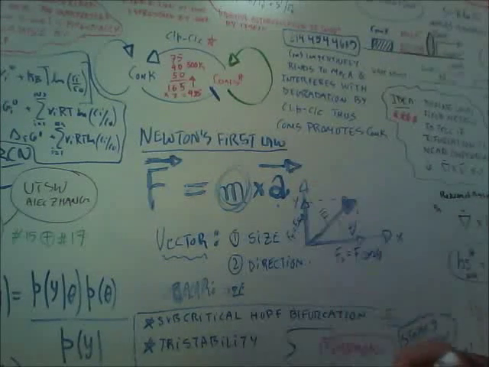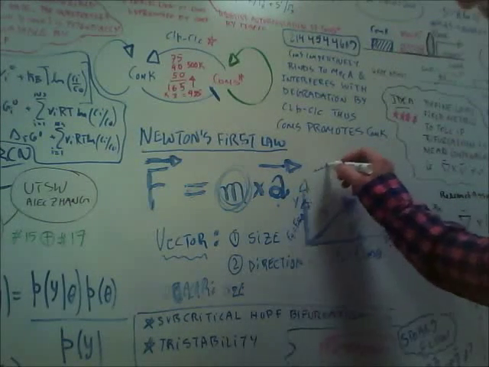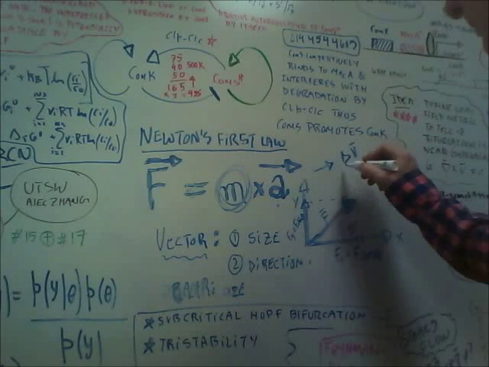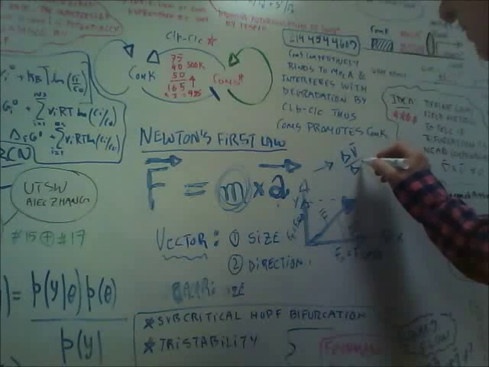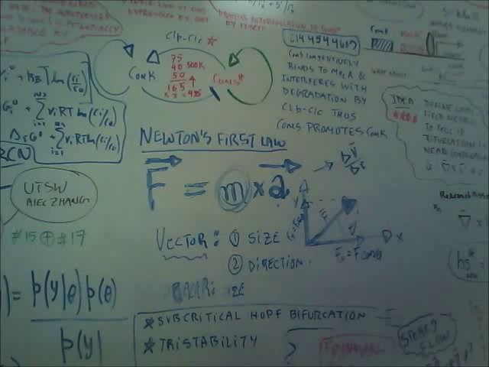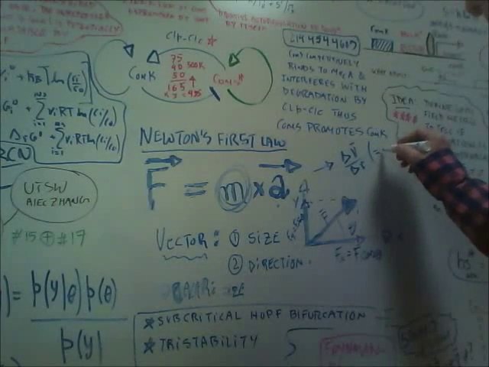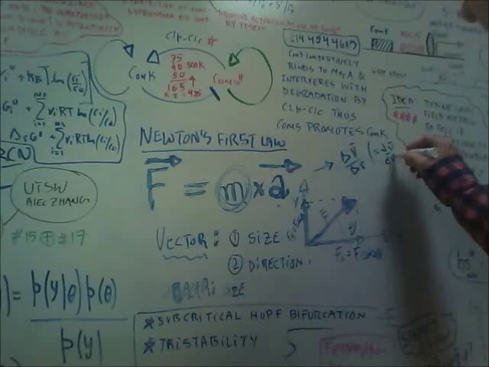And the acceleration is a vector. Remember, the acceleration is the change of speed, which is also a vector, divided by the change in time. As delta t, the difference in time, gets very small, which, by the way, for those who know differentials, is dv dt.